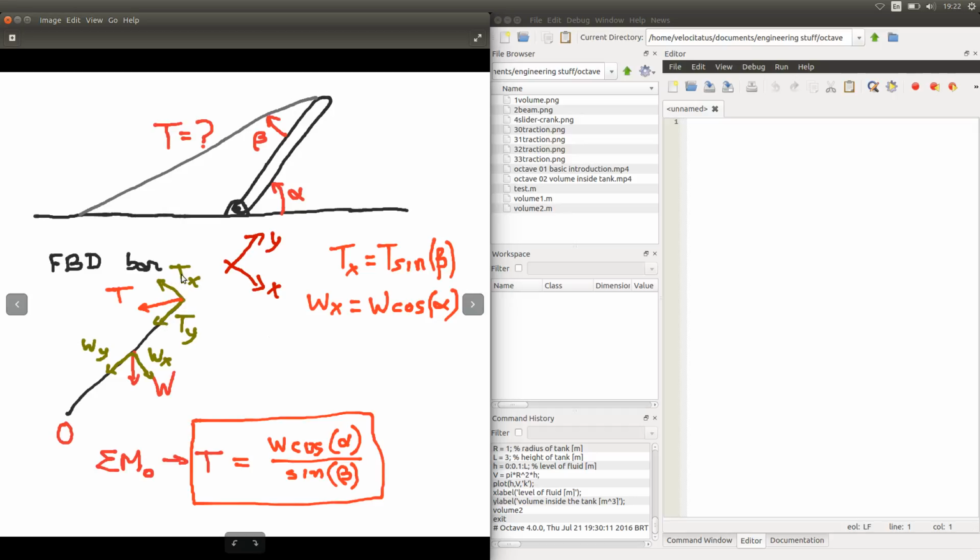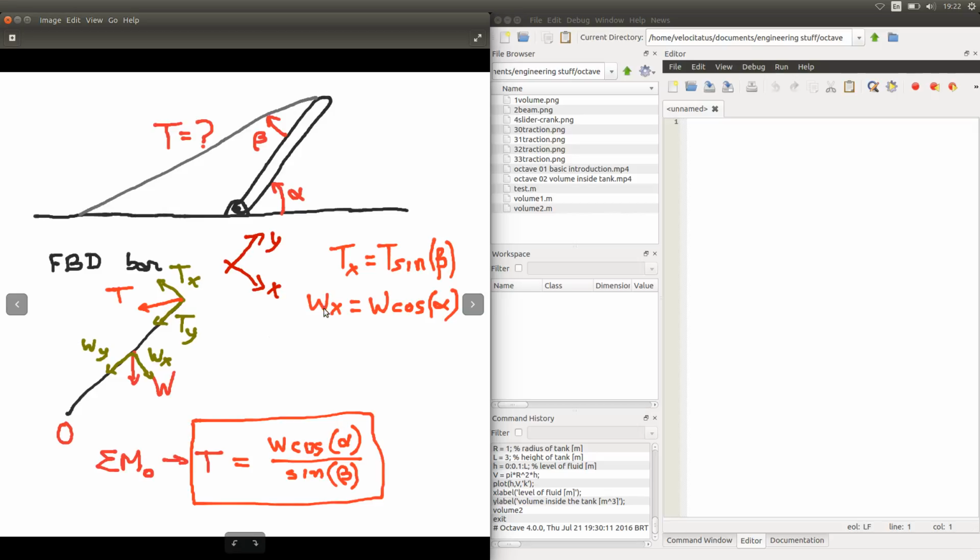The components would be simply given by T times sine of the angle beta, which is repeated here.